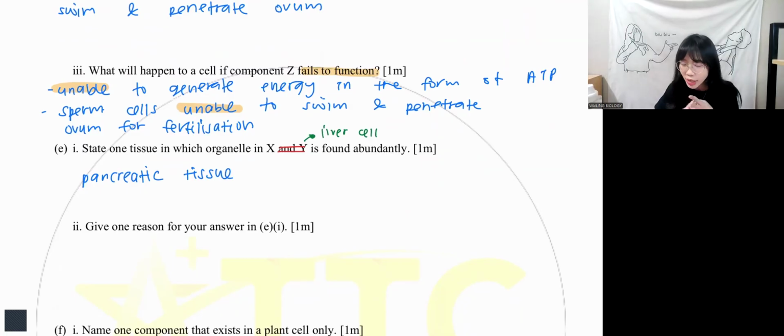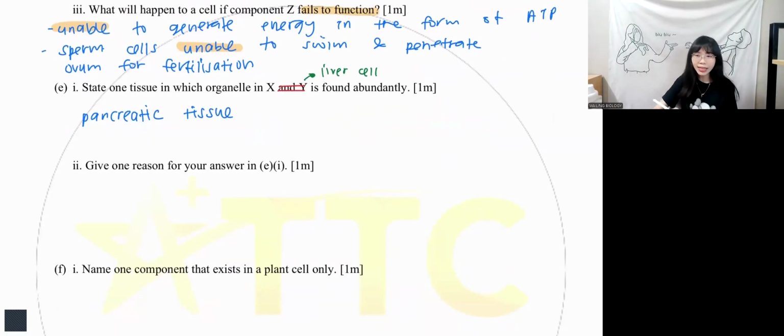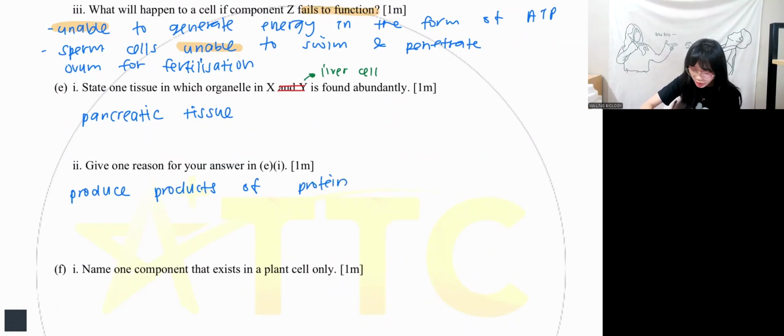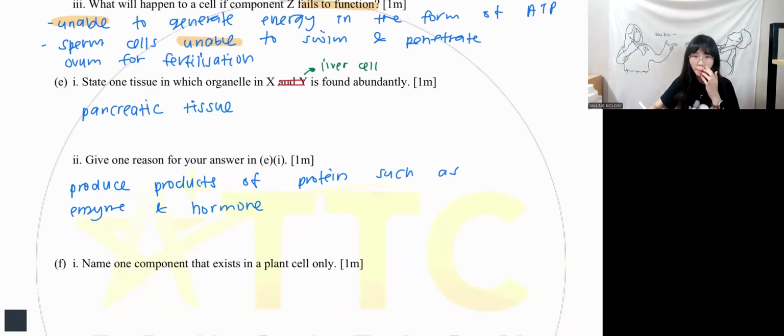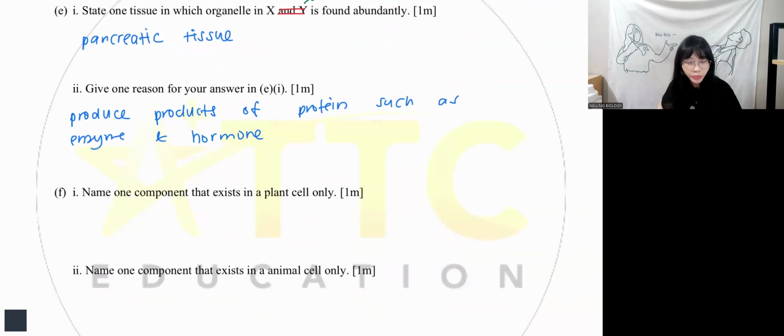Very good. The other one is what? Hormones. Correct. Glucagon is a hormone. Glycogen is the storage of food. So it can produce products of protein such as enzyme and hormone. Enzyme and hormone.